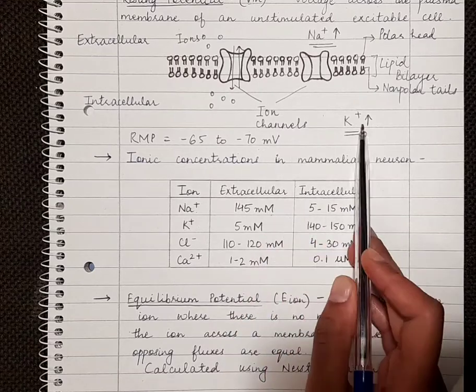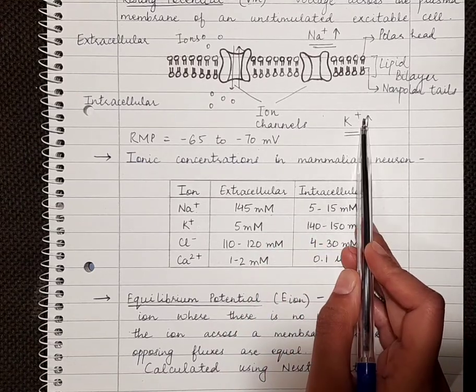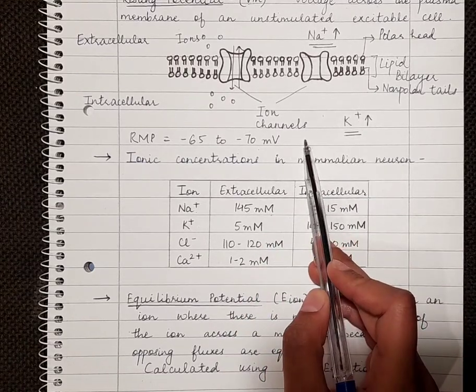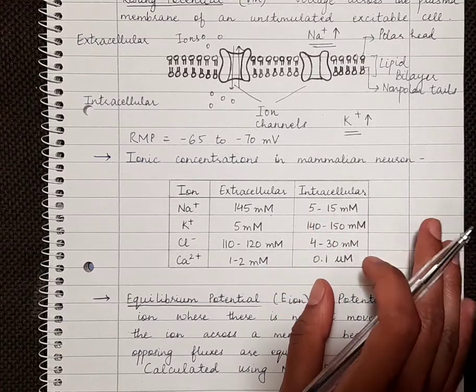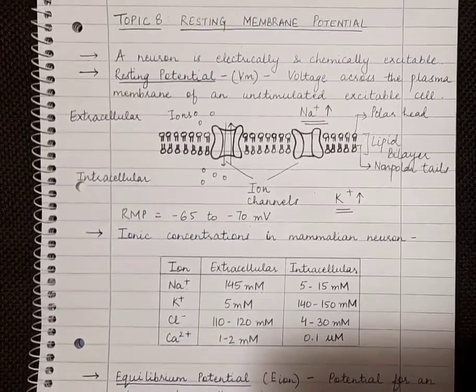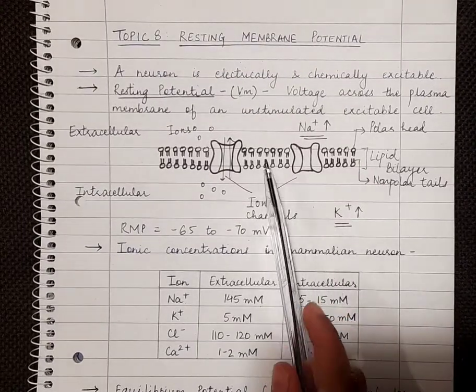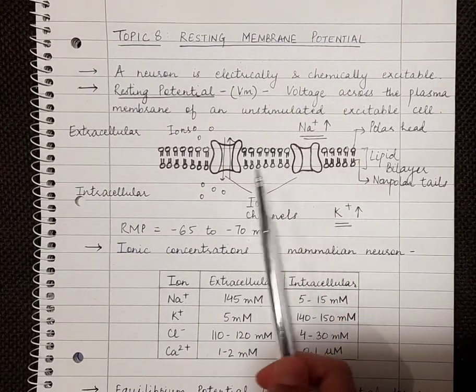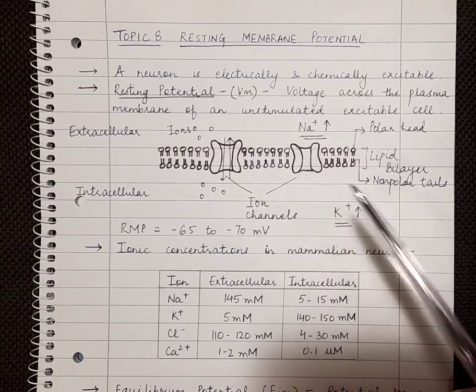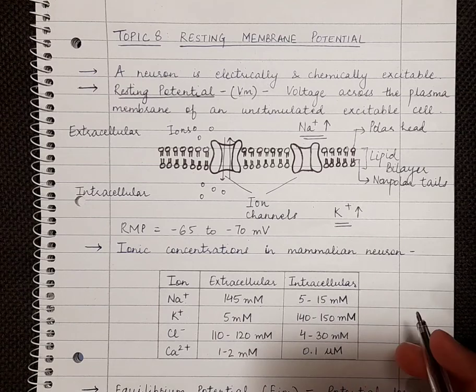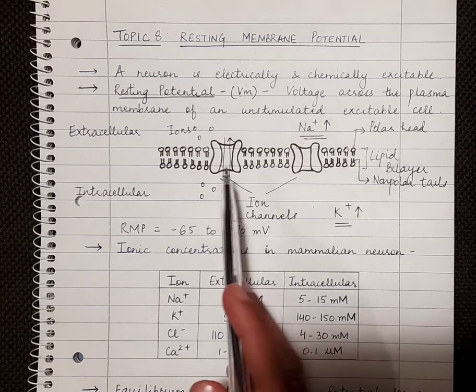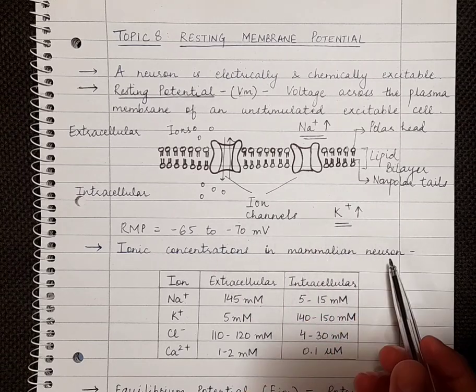That's why potassium is very important for maintaining the resting membrane potential, and we will talk more about it in the next video. Right now I just want you to get the concept right of how the lipid bilayer has these ion channels and what the different concentrations of the ions across the membrane are. In the next video we will learn more about how this resting membrane potential is actually maintained.